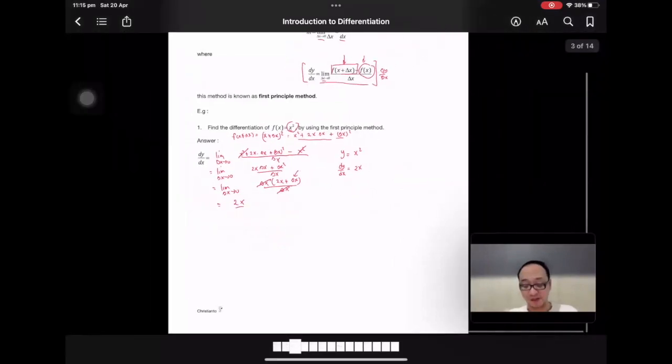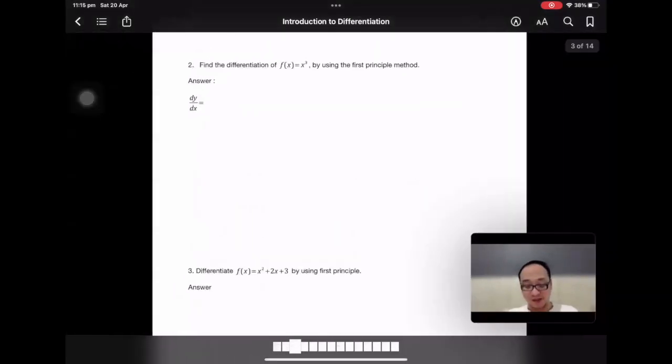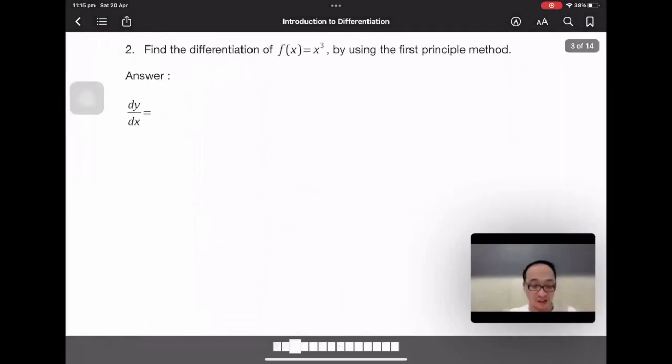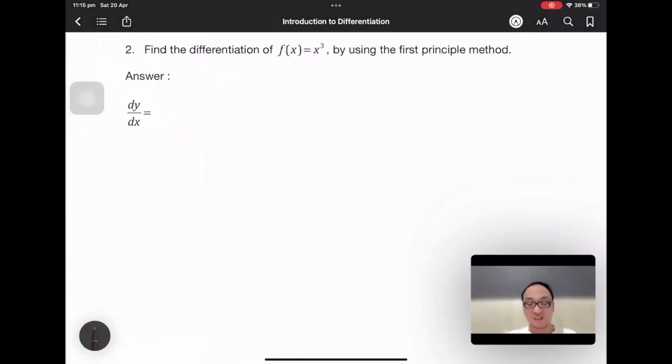Okay, let's see example number 2. Find the differentiation of x cubed by using the first principle method. So the same. That means we have to find f(x plus delta x). So this is (x plus delta x) cubed. So we need the help of binomial expansion.